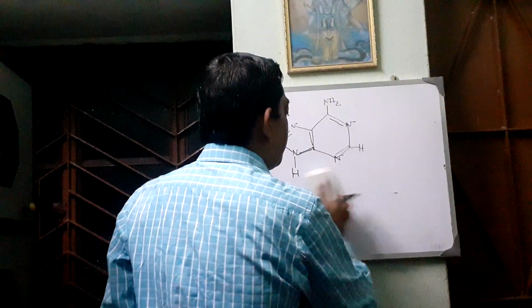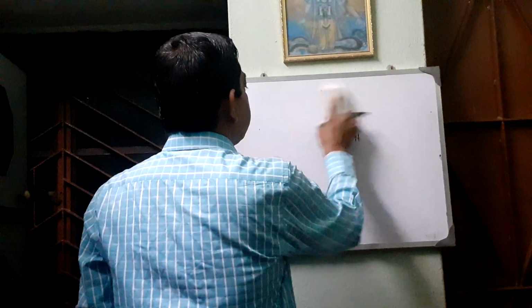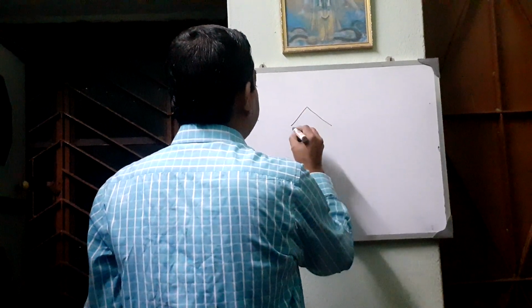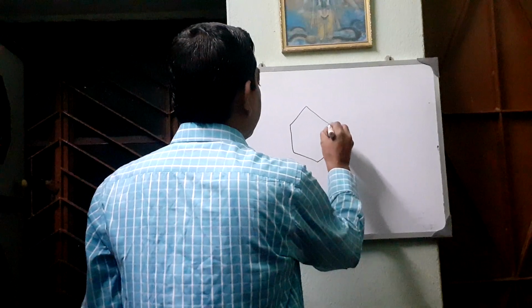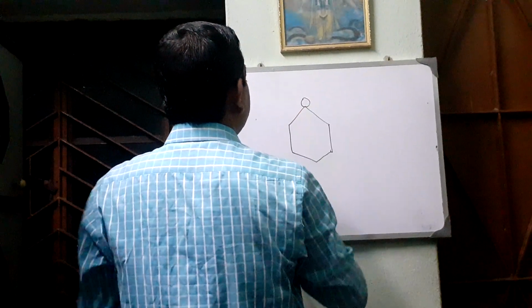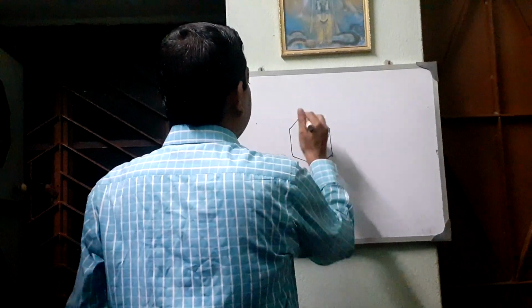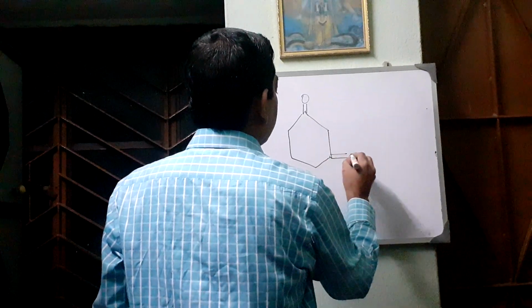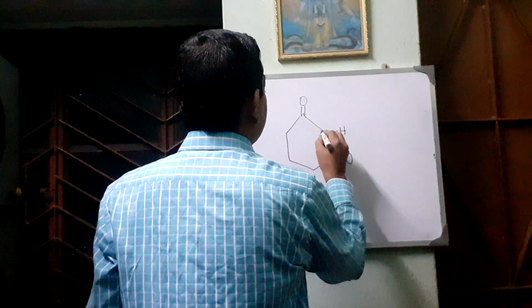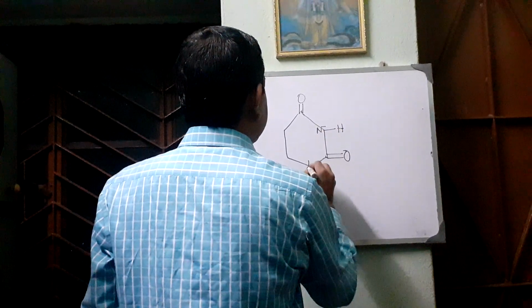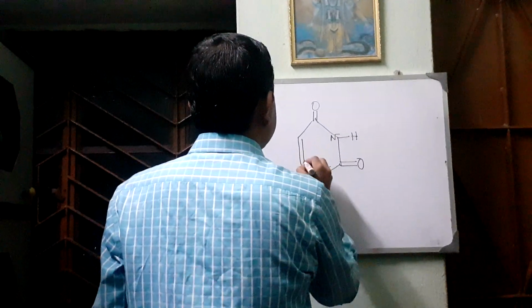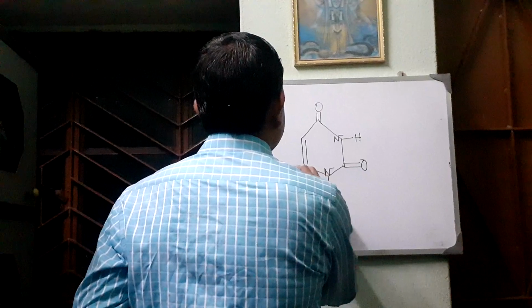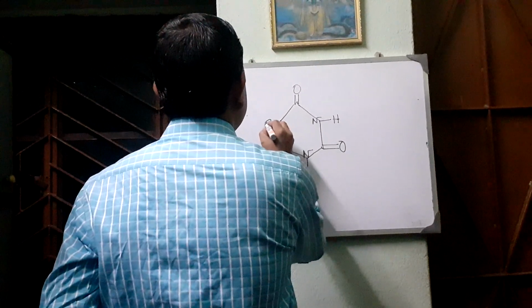Now I will show you the structure of one pyrimidine base. This is N, this is N, this is H, this is H, and this is CH3.